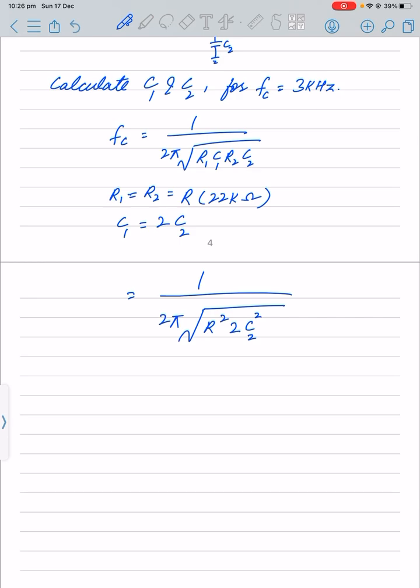Again we can simply write it as 1 divided by 2 pi R into under root of 2 C2 square, and that was equal to the corner frequency.